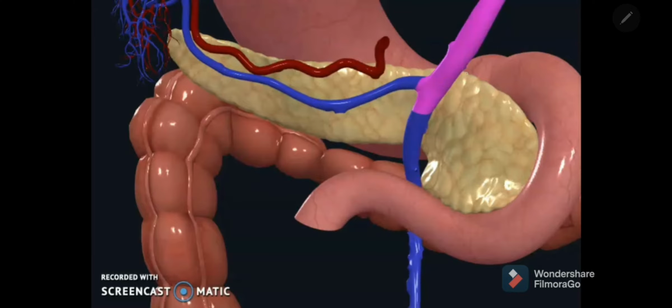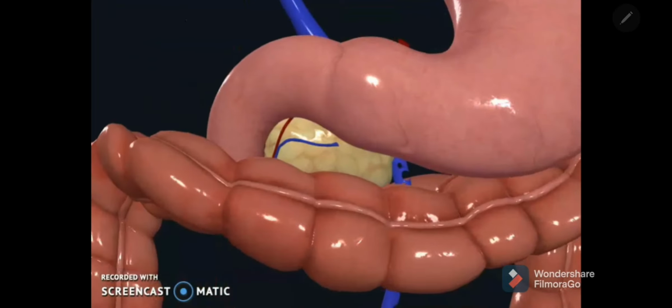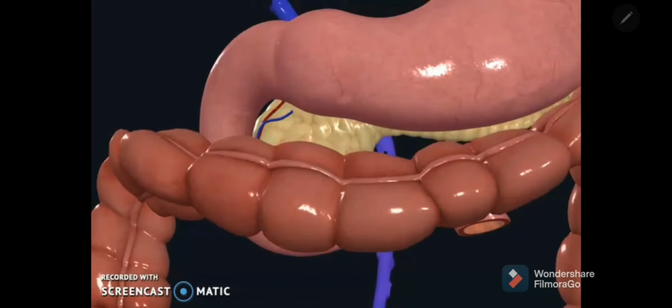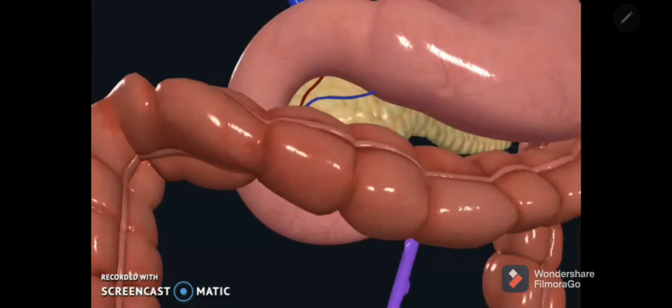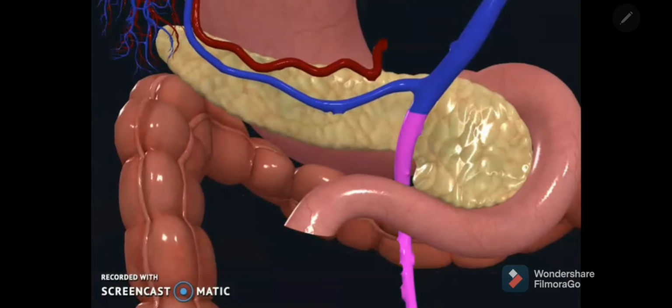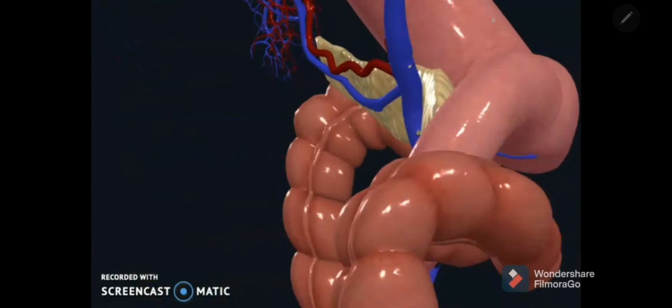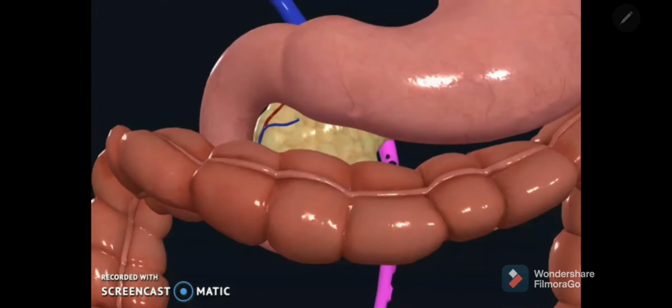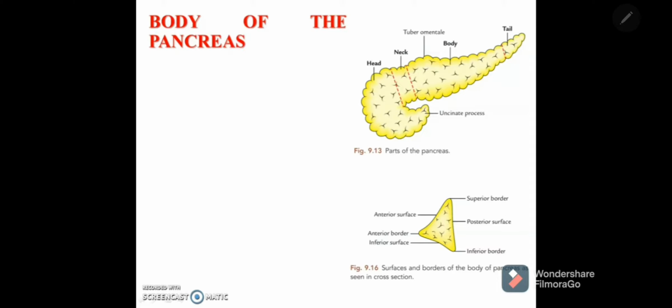In the lower part of the posterior surface of the neck, you are seeing the superior mesenteric vein. In the upper part, you are seeing the portal vein. So the portal vein is formed in the posterior and superior part of the neck. So superior mesenteric vein and splenic veins are the formative tributaries of the portal vein. So those are the relations.